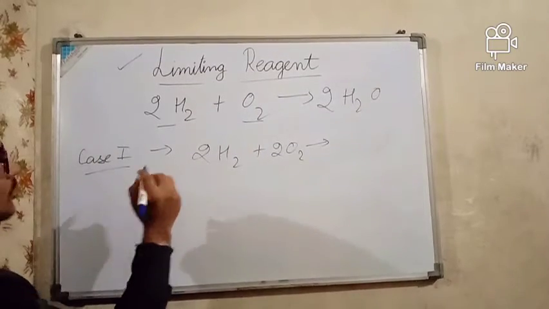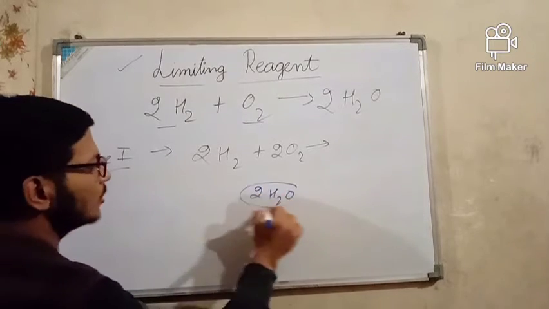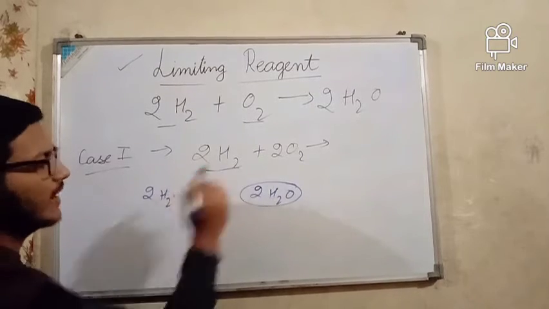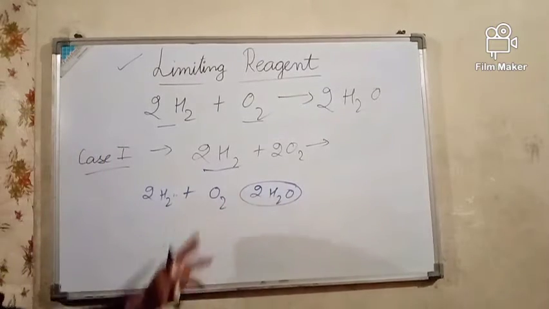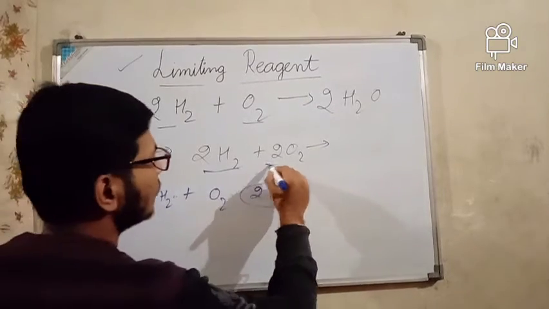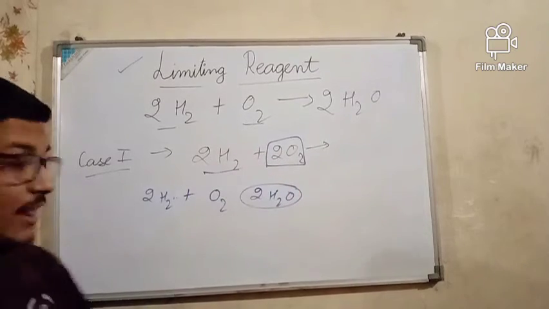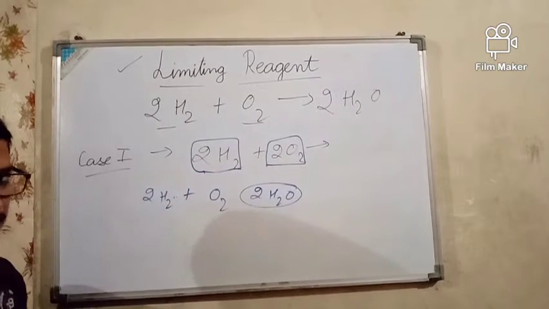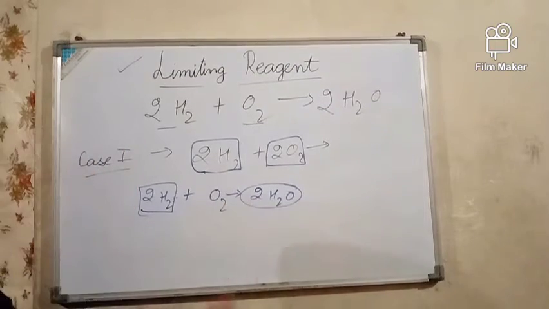So here we see that to make 2 moles of water we need 2 moles of hydrogen, which we have here in sufficient quantity. Then only 1 mole of oxygen is needed here. But here we are provided with 2 moles of oxygen. This hydrogen is completely used in the formation of 2 moles of water.